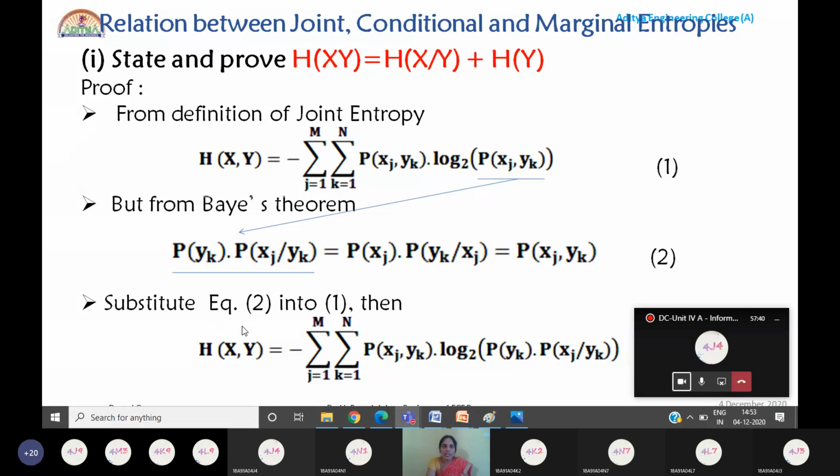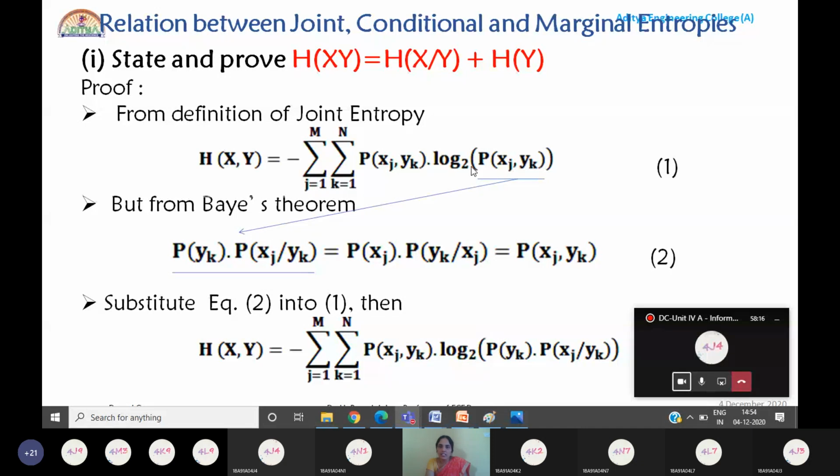Now please substitute equation 2. That is, p of xj comma yk is p of yk into p of xj by yk. Please substitute this in equation 1. Then H of XY is equal to minus summation j is equal to 1 to m, summation k is equal to 1 to n, p of xj comma yk into log, and the term inside the logarithm we are changing into p of yk into p of xj by yk.